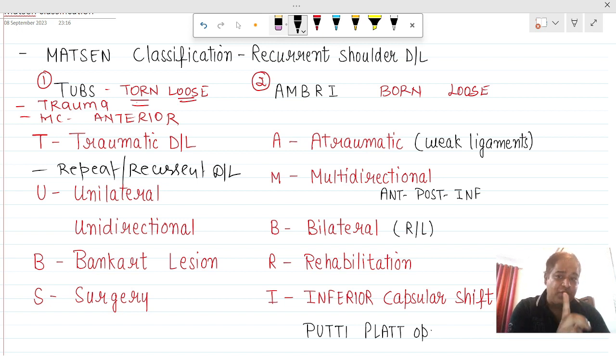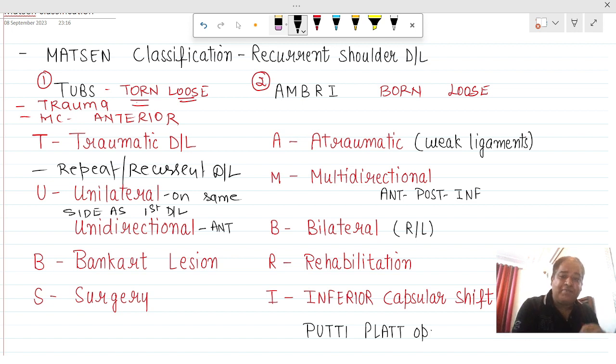Because now the capsule is loose. So unilateral means on the same side as first dislocation. Unidirectional: if the first dislocation was anterior, my capsule will be weak anteriorly, so next dislocation will also be anterior, the same direction as previous dislocation.